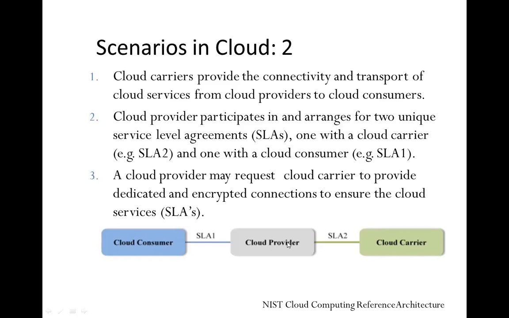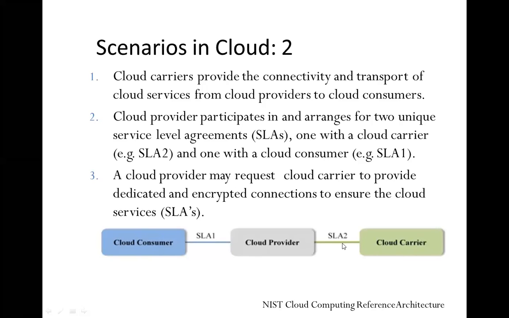SLA 1 is between the cloud consumer and cloud provider, and SLA 2 is between the provider and the cloud carrier. A cloud provider may request the cloud carrier to provide dedicated encrypted connections to ensure the cloud services. So if a cloud provider is providing some kind of services, it will ask the cloud carrier to provide services such that my connection should be encrypted, because it is basically a carrier.